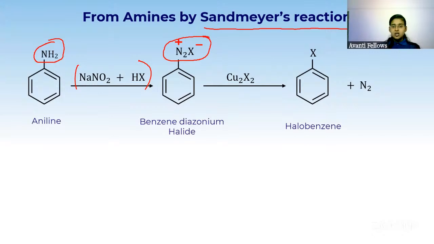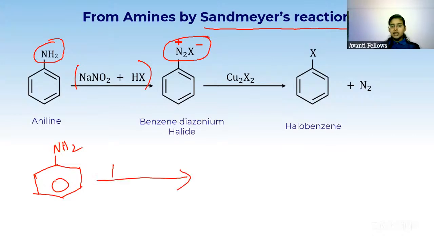Okay. So let me take one example so that you can understand this better. This is the aniline. If I take NaNO2 and HCl, I will get C6H5N2+ Cl-.